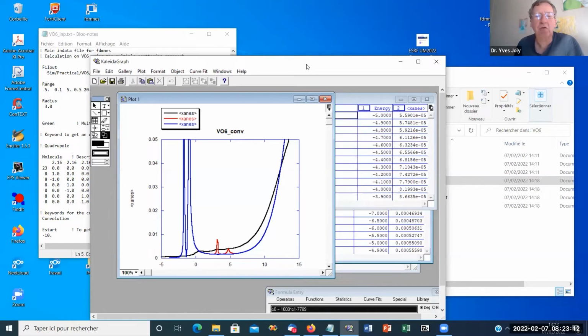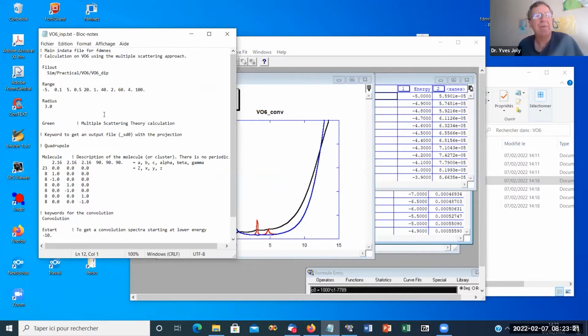Okay. So I know the result, but in fact, you can check if you want, using the code. So I make a new calculation. In fact, all could have been done together. So I suppress my extension, and if I want to check this, I take back quadrupole.